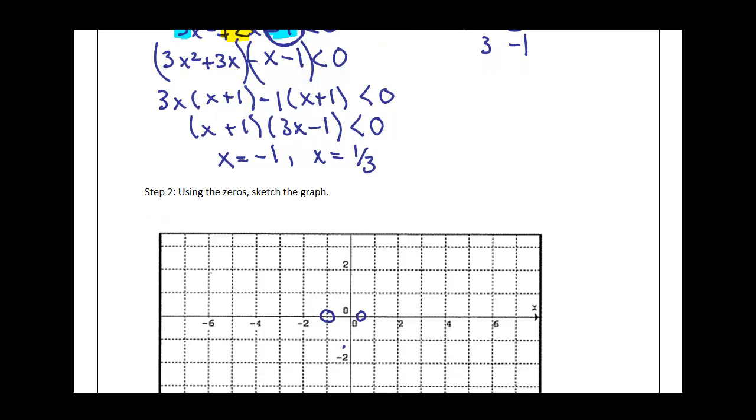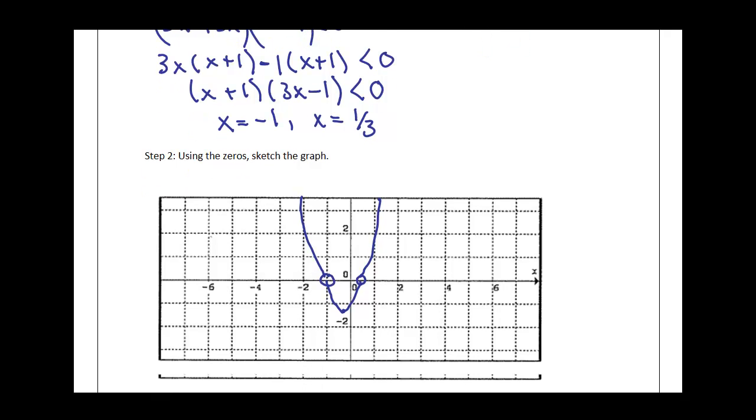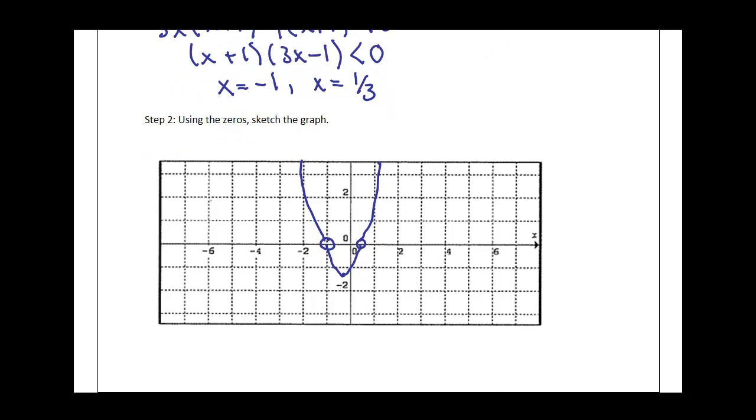So I'm going to try and make a vertex down right around here and then kind of just go up, cross at negative 1, and then just kind of look like that. That's kind of what my parabola would look like. Now remember, it's a sketch, so it's a bit of a rough drawing. It's not completely accurate. So, moving on, we have step 3.